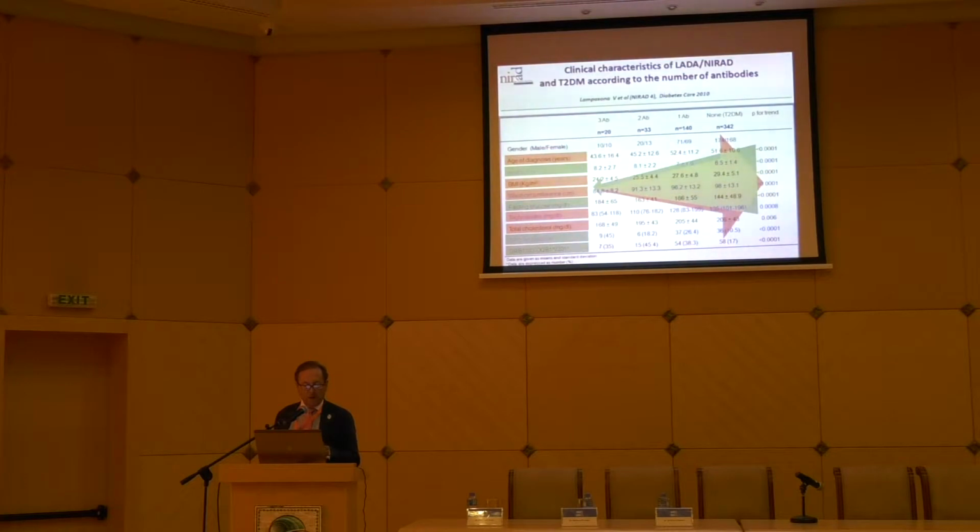Look about BMI, 24 up to 29. Look about the waist circumference, from 84 to 98. Fasting glucose, triglyceride, total cholesterol, and the other antibodies. And even the typical DQ3, DQ2, DQ1, HLA genetic susceptibility, you can see that are highly significant comparing the type 2 diabetic patients and those with antibodies.